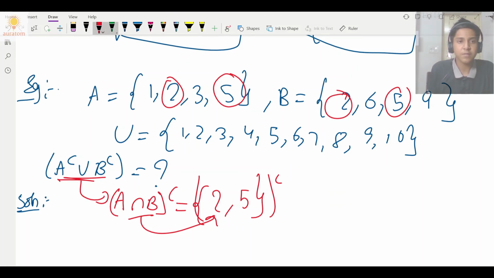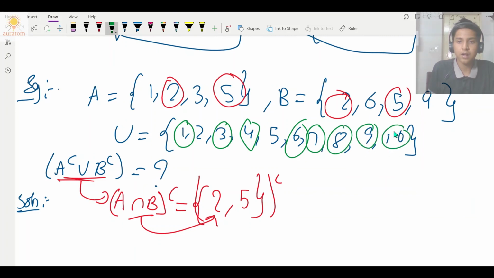So we take the element 1, and we can't take 2 in the absolute complement because 2 is already in the set A intersection B. So we can take 3 and 4 and not 5, and 6, 7, 8, 9 and 10. We can take all these elements for the absolute complement of A intersection B. So this absolute complement is going to be 1, 3, 4, 6, 7, 8, 9 and 10, right?